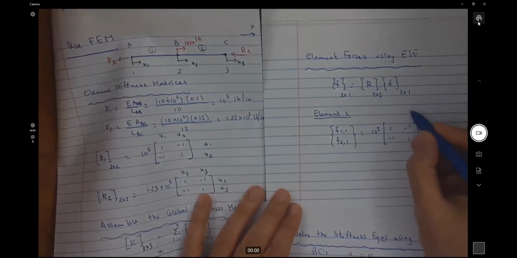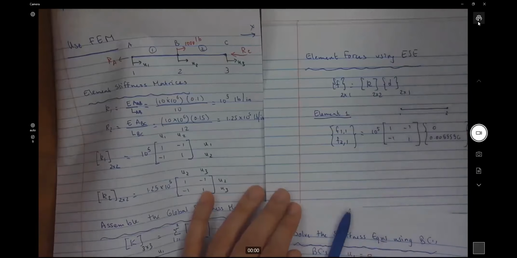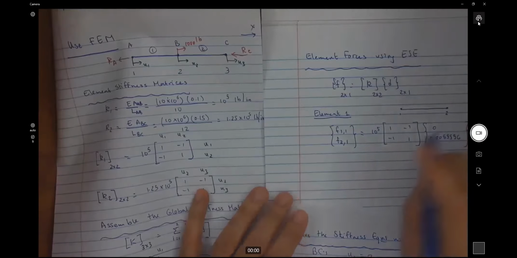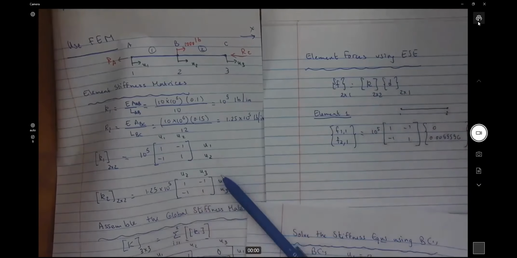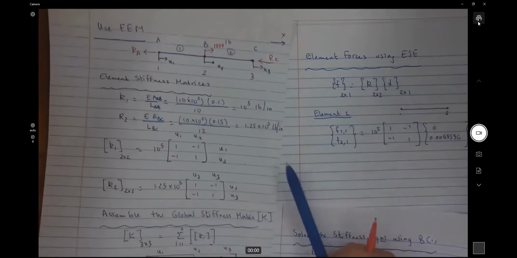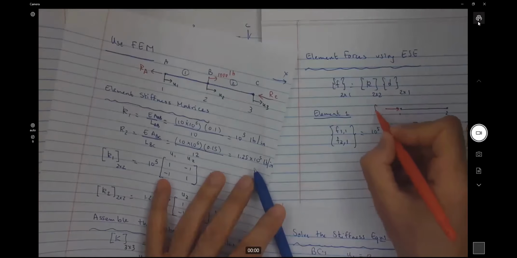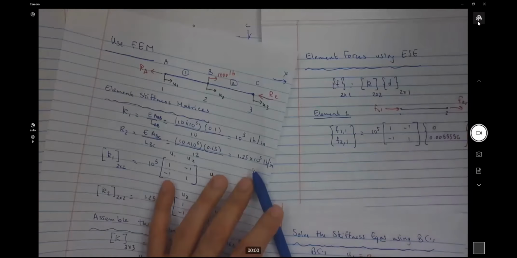And by the way, if I show element 1 extending here between 1 and 2, this is X. So this is F11, and here this would be F21.